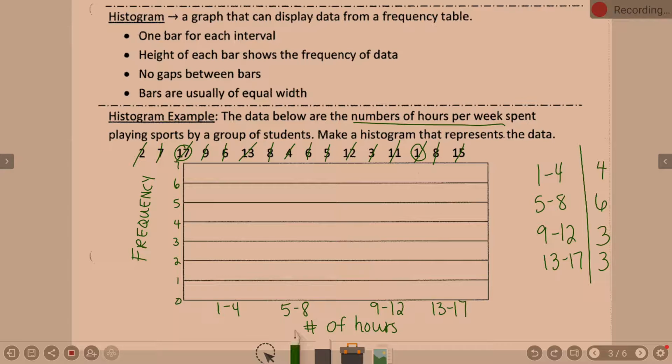Okay. So that means, and I'm trying to divide this up so I get my bars also kind of equal width in 2 respects. That the bars are physically of equal width, but then they have equal intervals. So, okay, so 1 through 4, I'm making that bar 4 high.